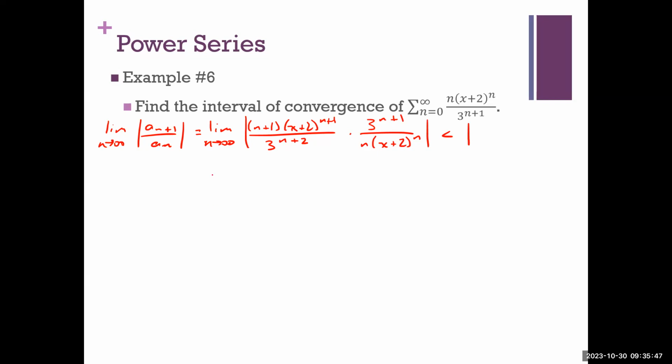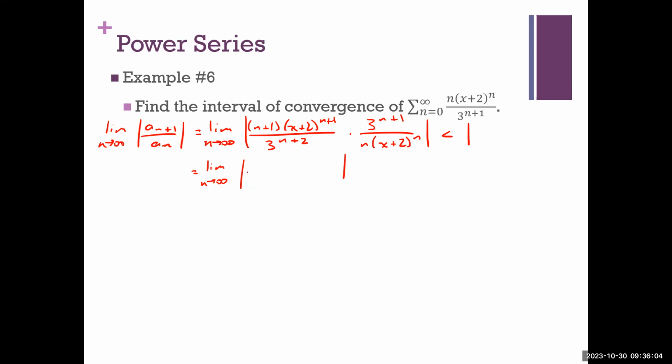Give me an example. We can simplify 3 to the n plus 1 times 3, and then cancel out the 3 to the n plus 1. So what remains when you deal with the threes?